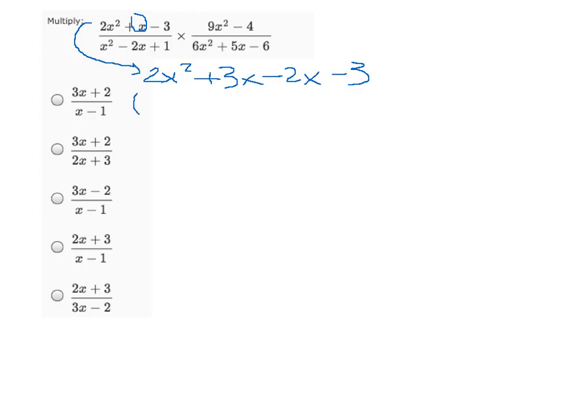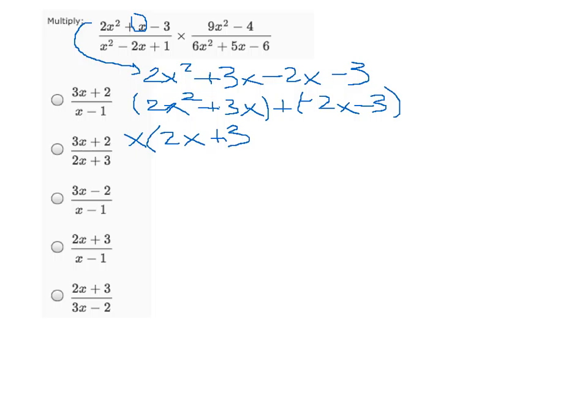So we have a 2x squared plus 3x plus a -2x minus 3. And then we factor terms out of each grouping, so we can factor an x out of the first, and we are left with 2x plus 3 on the inside, and on the second one we'll factor out a -1 in order to also have a 2x plus 3 within the parentheses.